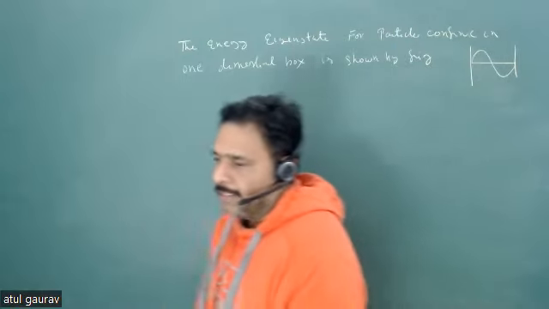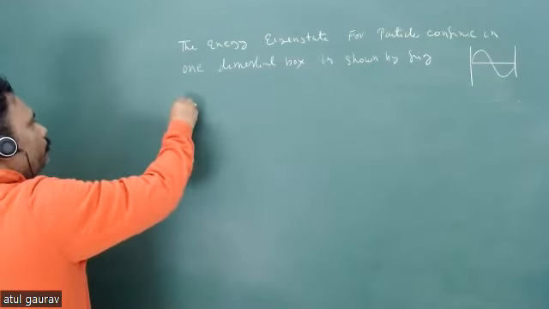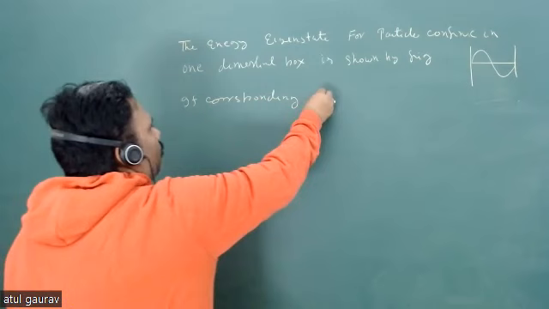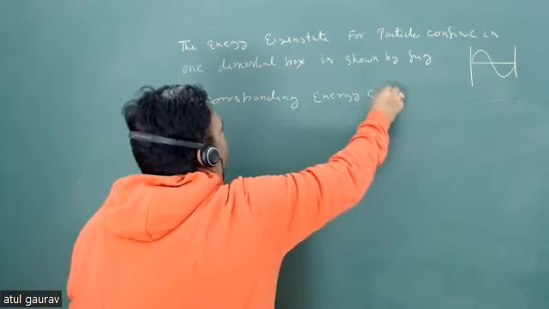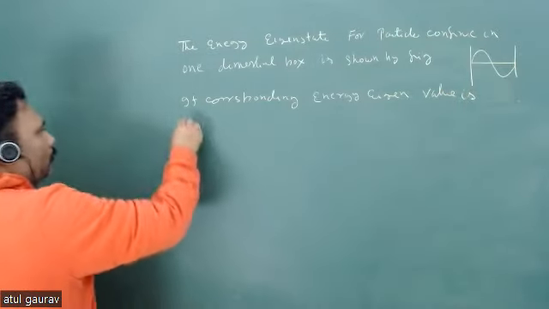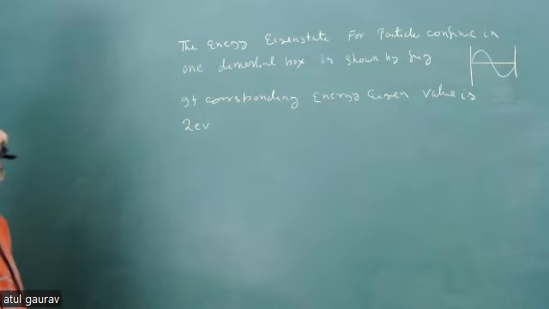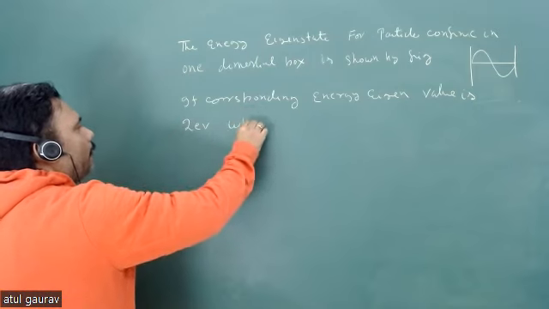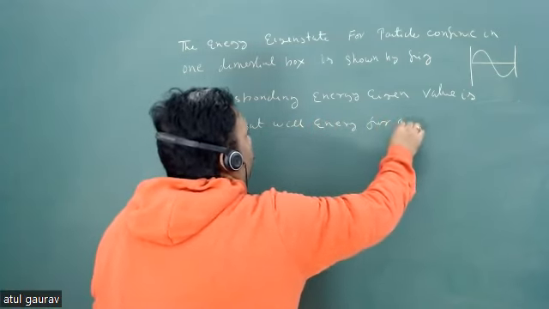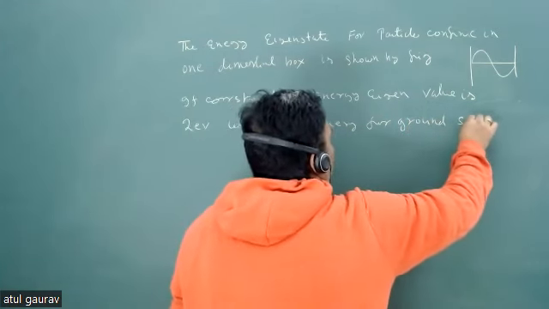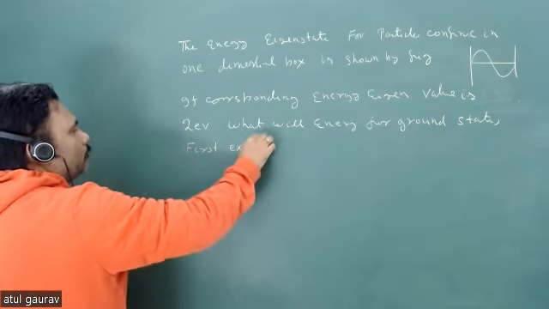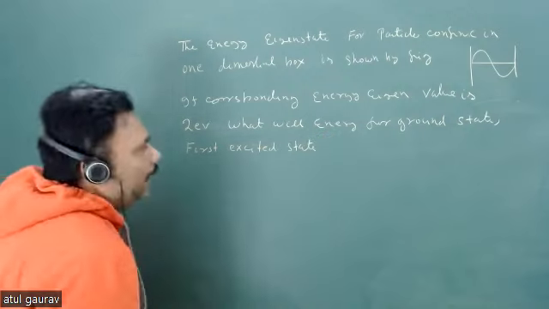This figure is being shown to you, right? If the corresponding energy eigenvalue is 2 electron volt, what will be the energy for the ground state, first excited state, and second excited state?